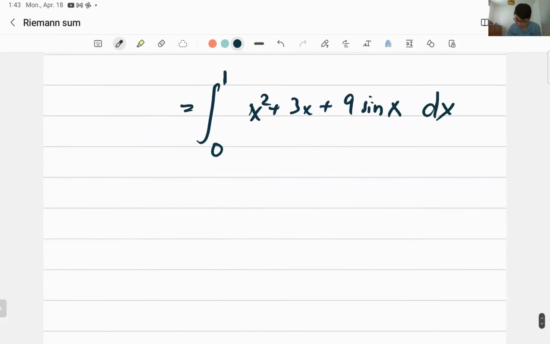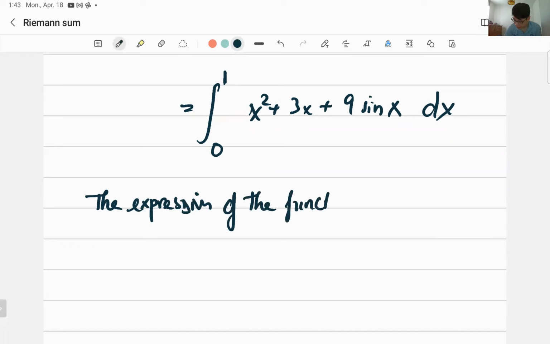Now, if you want to write it in words, this is the expression. So this is in words. So the function f of x is equal to x squared plus 3x plus 9 sine x.